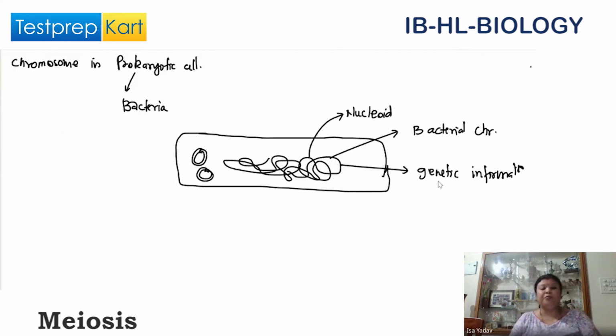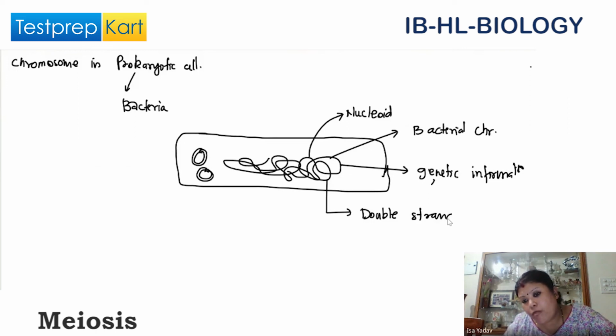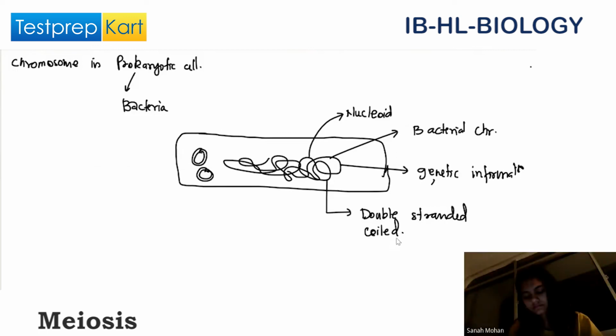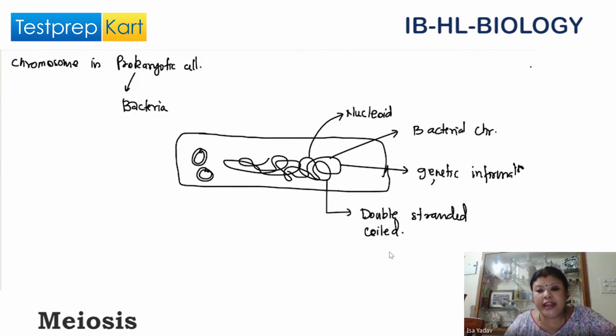Its nature is double-stranded, coiled, with helical coiling. It is circular. Our DNA is linear, straight. This is circular DNA.